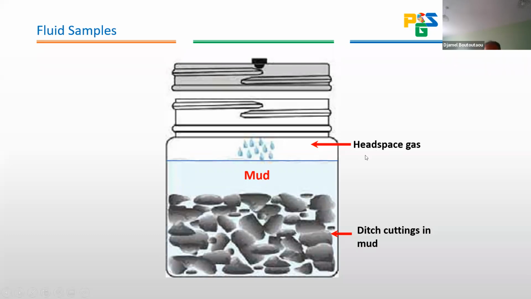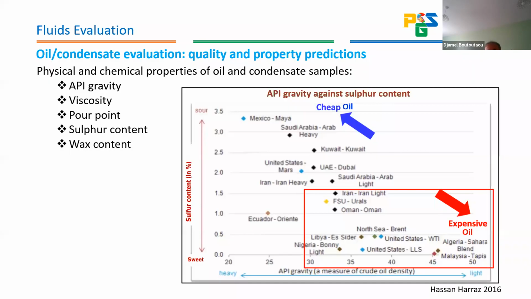It's called headspace gas or airspace gas. We can determine the type of gas, the maturity of the gas, whether it's biogenic, thermogenic, etc.